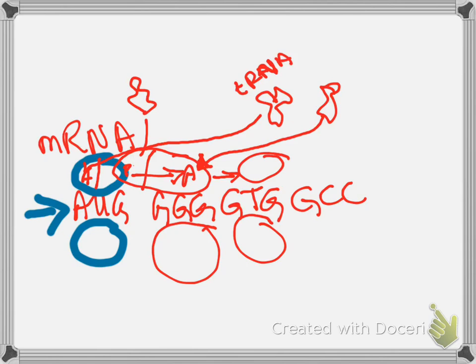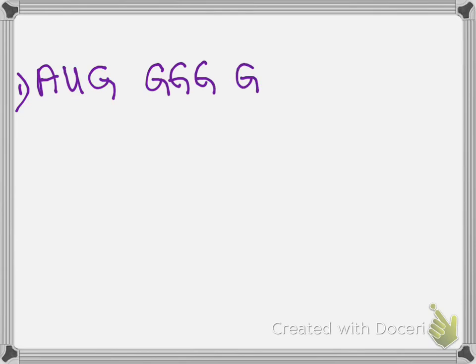Another question was how many reading frames. So again, if we're considering messenger RNA, we have to think about the different reading frames. Let's look at it this way. Here's one reading frame: AUG, GGG, GCG, CTC, TGA.